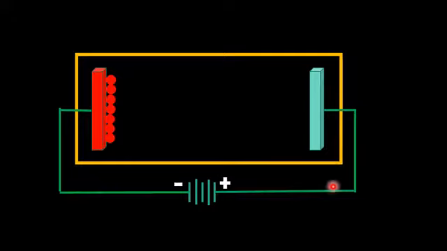So the charge on the cathode is negative, whereas the charge on the anode is positive. When a high potential is applied on the electrodes in the tube, a potential difference is created between the cathode and anode.